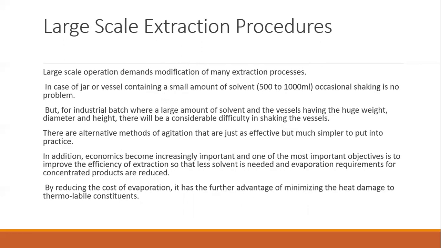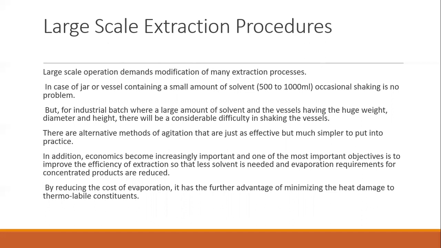Large scale extraction procedure. Large scale operation demands modification of many extraction processes. The basic extraction process is the same, but you have to modify it. Why? For example, in the case of a jar or vessel containing a small amount of solvent, occasional shaking is no problem. But for an industrial batch with a large amount of solvent and vessels of huge weight, diameter and height, there will be considerable difficulty in shaking the vessel.